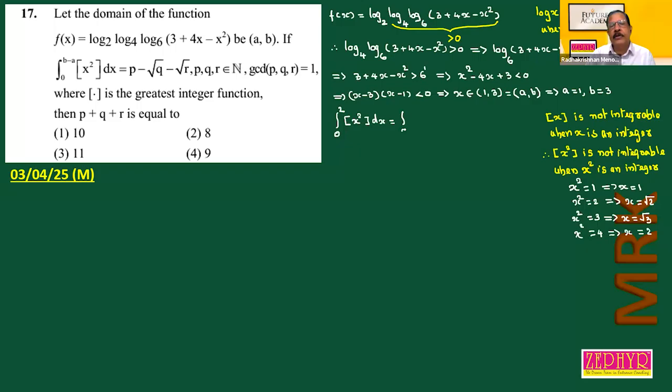Integral 0 to 1 integer part of x squared dx. അടുത്തത് എക്സ് 1 തൊട്ട് √2 വരെ, 1 to √2 integer part of x squared dx, plus integral √2 to √3, x varies from √2 to √3, integer part of x squared dx, plus integral √3 to √4. √4 is 2.